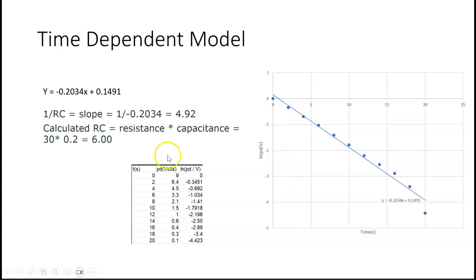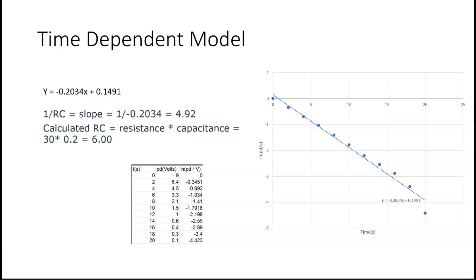After plotting the values across 20 seconds, these are the values we derive, and we plot them out to get a line of best fit with an equation being y equals negative 0.2034x plus 0.1491.